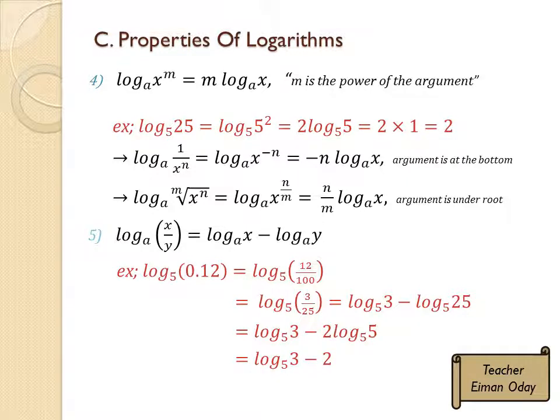And now this is logarithm 3 to the base 5 minus logarithm 25 to the base 5. And I'm sure that I can write 25 as 5 power 2, just like in the solution here. And then the 2 will be multiplied here. So this is 1 times 2. And this is going to stay logarithm 3 to the base 5.